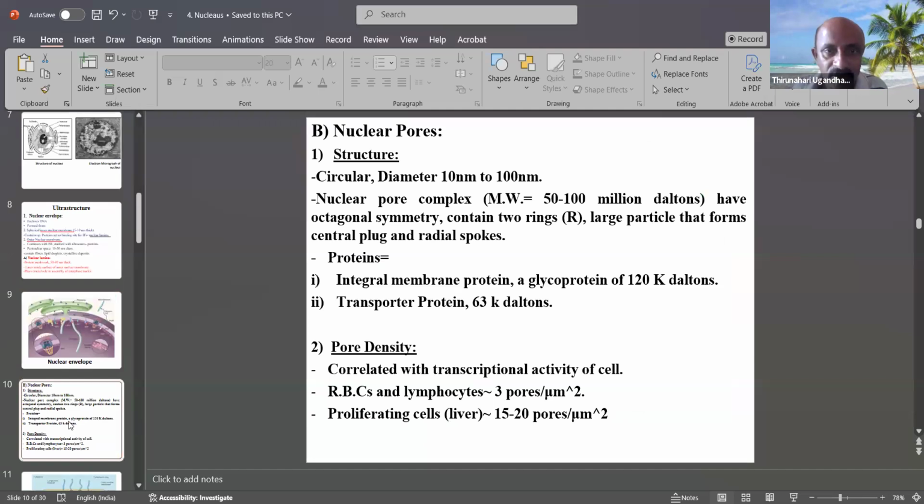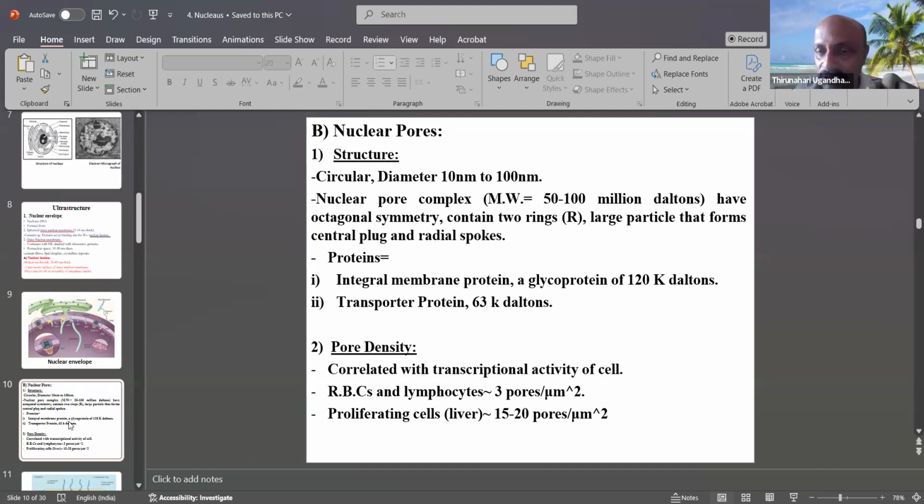Then there are the nuclear pores. In the nuclear membrane, some places are open and have nuclear pores, which are circular, 10 nanometers to 100 nanometers in size. The nuclear pore complex has a molecular weight of 50 to 100 million daltons and octagonal symmetry.